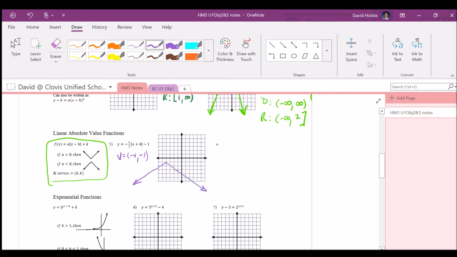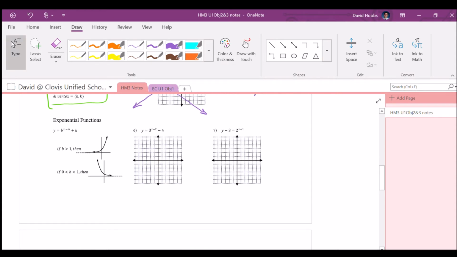Okay, domain goes left and right forever, doesn't miss any points in the middle. The range doesn't go up forever. The highest elevation is -1, comes from negative infinity to -1.